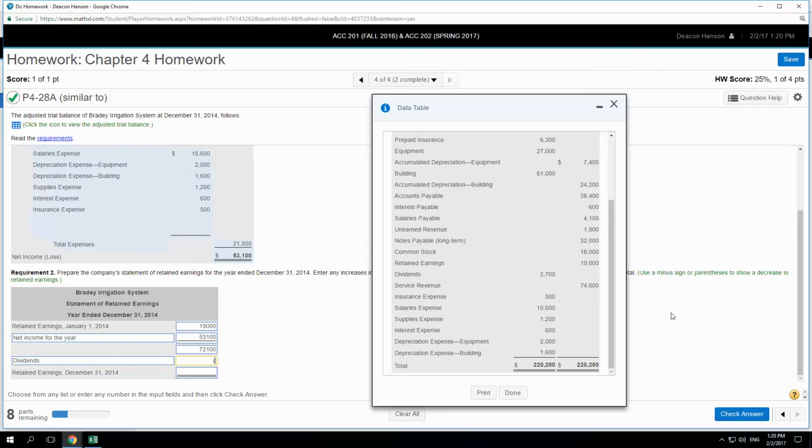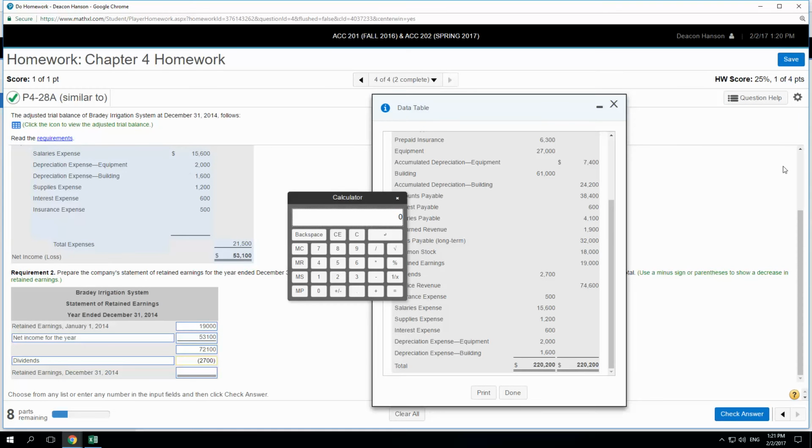I think you can use a minus sign or you can use parentheses, either or. So if we were to subtract 2,700, not 27,000. So if you took the 72,100 minus 2,700, you got 69,400.